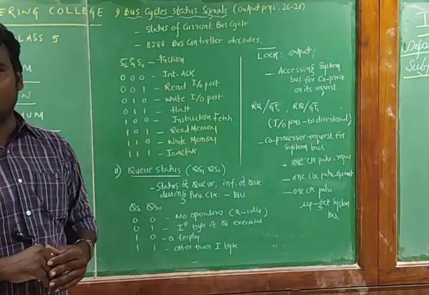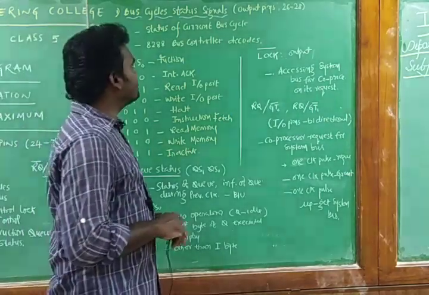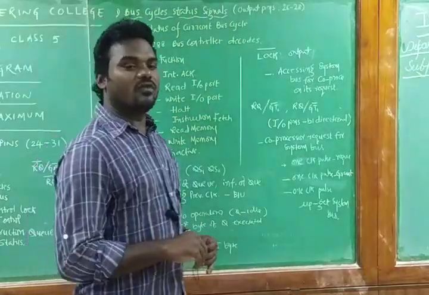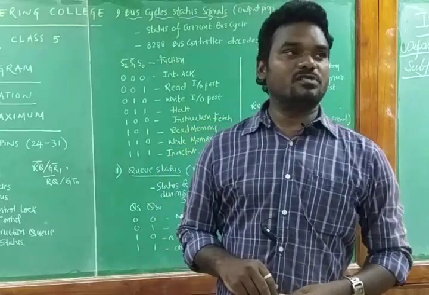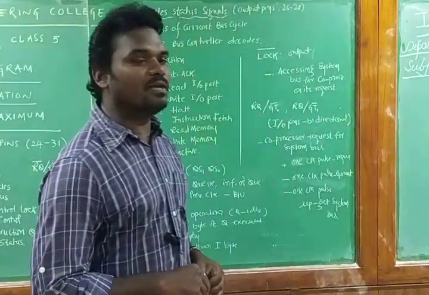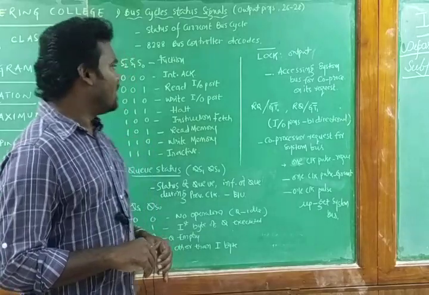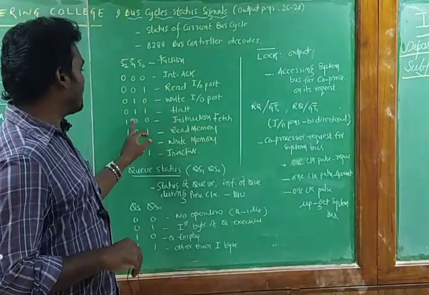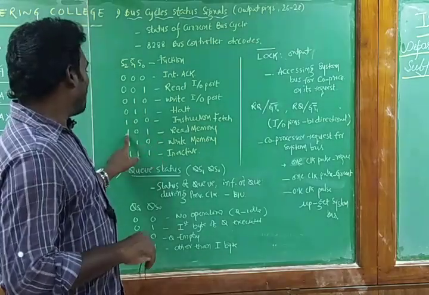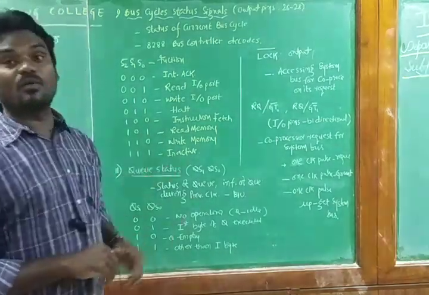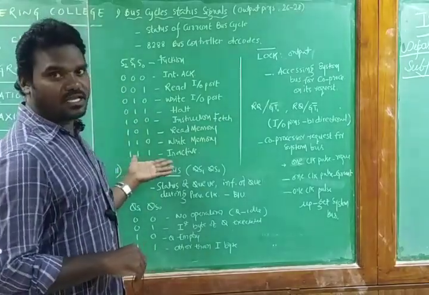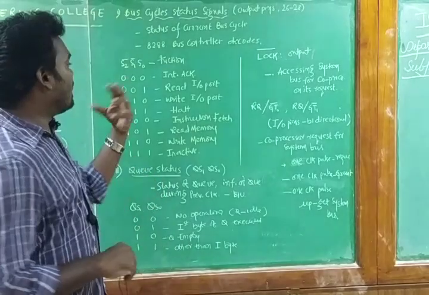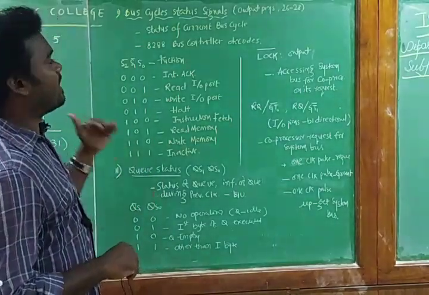Since we have 3 signals, we can have 2 power 3 possible combinations, which means 8 combinations of the signals: 000, 001, 010, 011, 100, 101, 110 and 111. Based on these signals, the 8288 bus controller is going to decode the information of the current bus cycle.